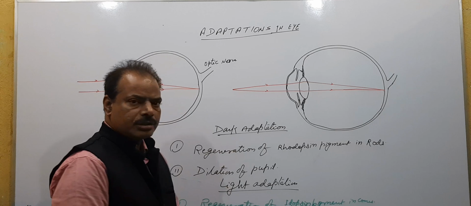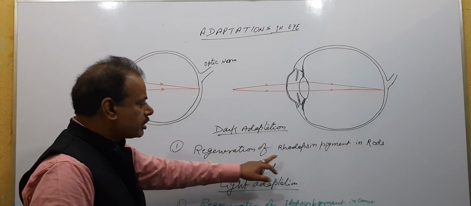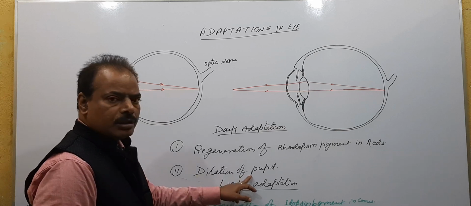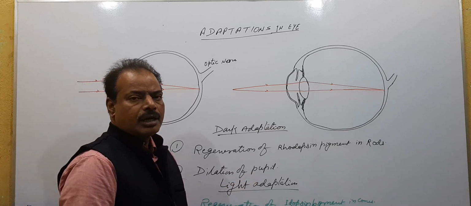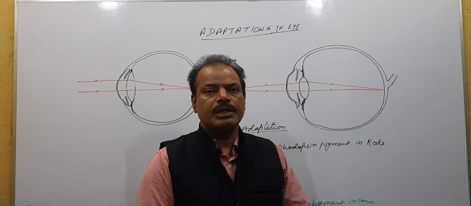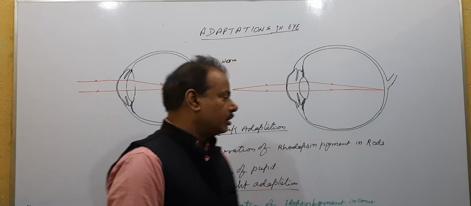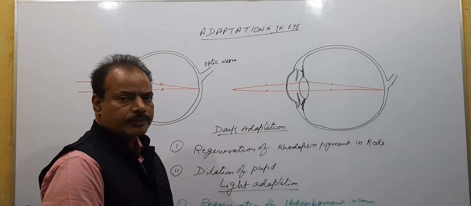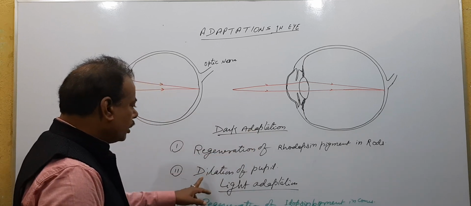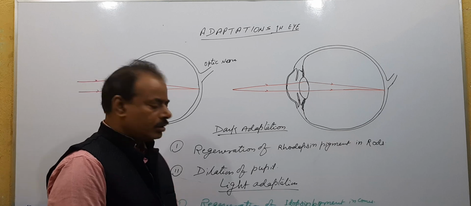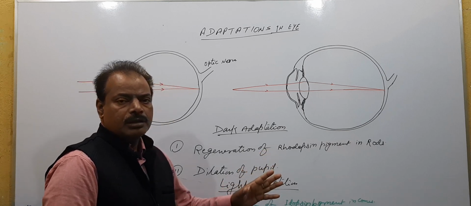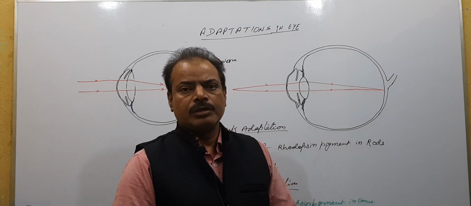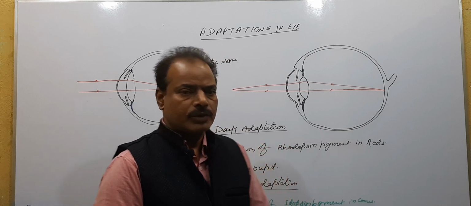In the dark adaptation, once again, regeneration of rhodopsin pigment in rods, and second, dilation of pupil, so that we can adjust our lens as well as eye to see in the dark place, and it is known as dark adaptation. Secondly, light adaptation. When we come from a dark place to a brightly lighted area, we can't see clearly.